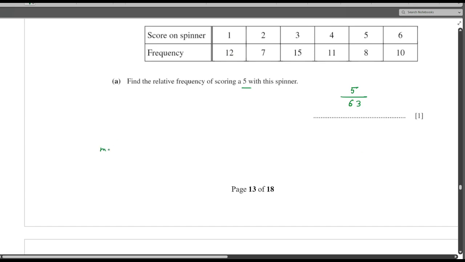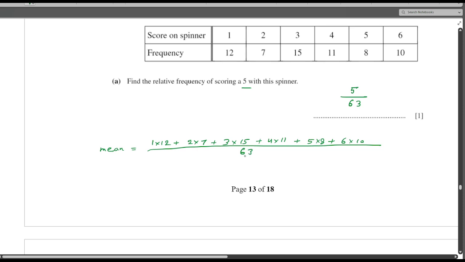So here I'm doing the calculation. Mean is 1 times 12 plus 2 times 7 plus 3 times 15 plus 4 times 11 plus 5 times 8 plus 6 times 10, and the whole divided by the total frequency, which is 63.